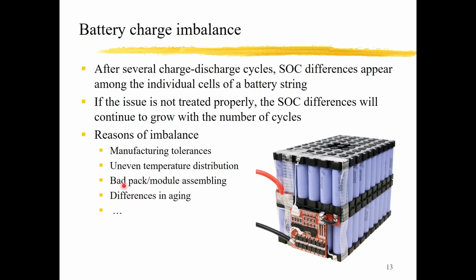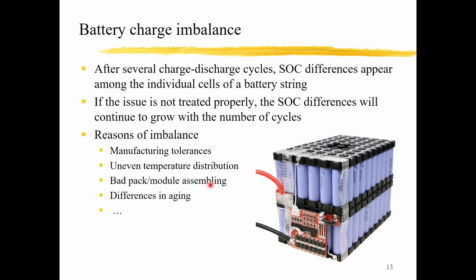And then the pack or module assembly. You know, when we assemble the cells into a module or pack, we have to solder. We have to connect them together, but the connection may not be so homogeneous. Then for some connections there is higher impedance.